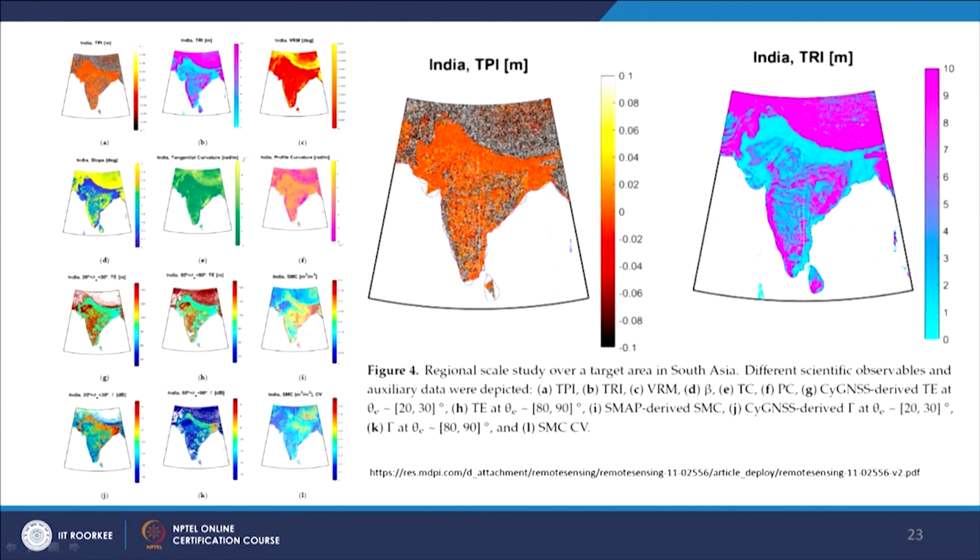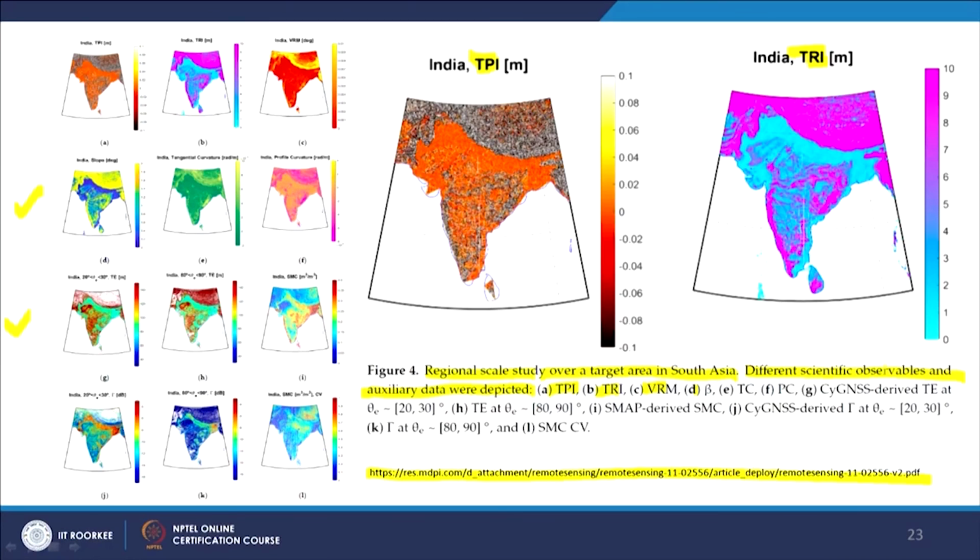Here I have taken an example from this publication, in which for overall India they have derived TPI as well as TRI, and for different scenarios these things have also been presented here. So, at regional scale over a target area in South Asia, different scientific observations and auxiliary data were depicted: TPI, TRI, BRM and so many other parameters.